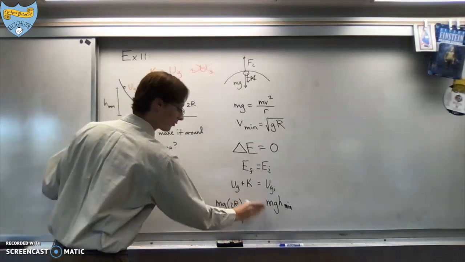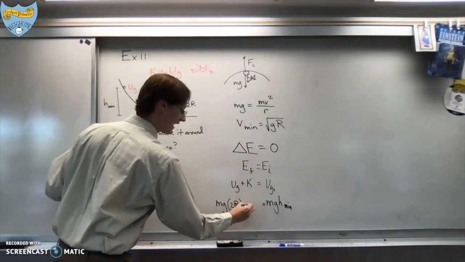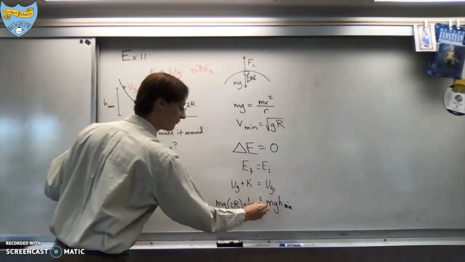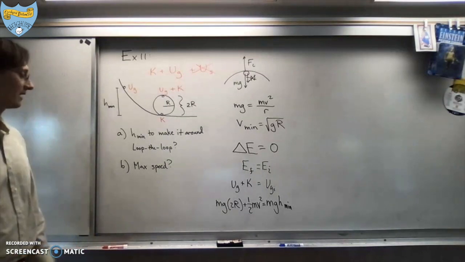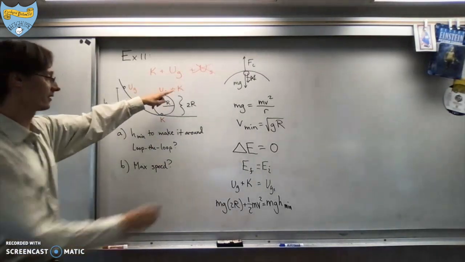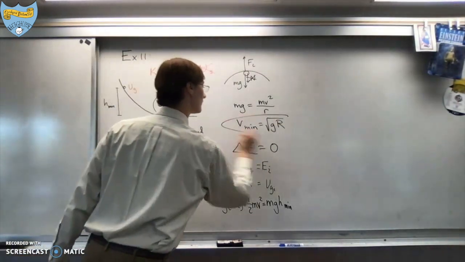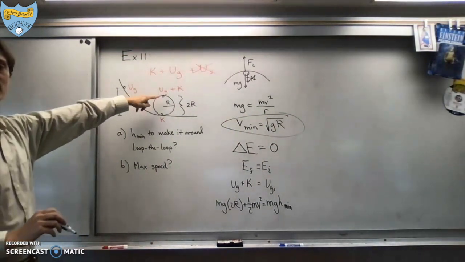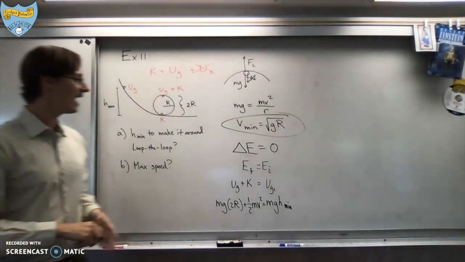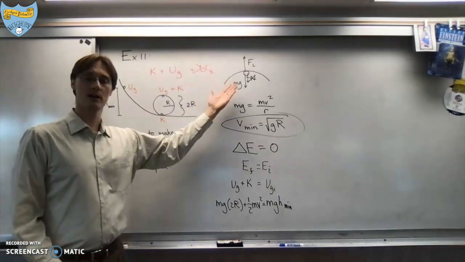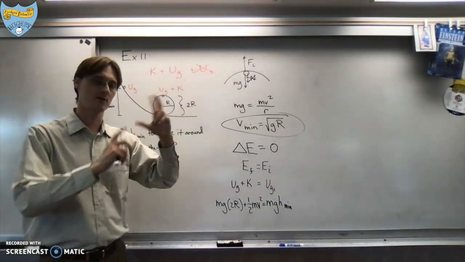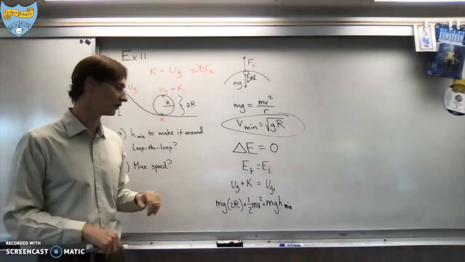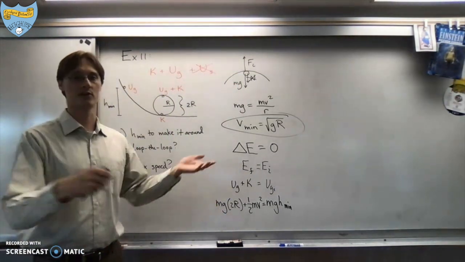All right, and then our formula for kinetic energy is 1/2 mv squared. The v that you're going to plug in there is the one that we worked out. This one. You already know the speed that it would have to have at the top. Now, had we not remembered about forces and how the centrifugal force can help me figure out the minimum speed at the top of the loop-the-loop, this actually would be an unsolvable question.